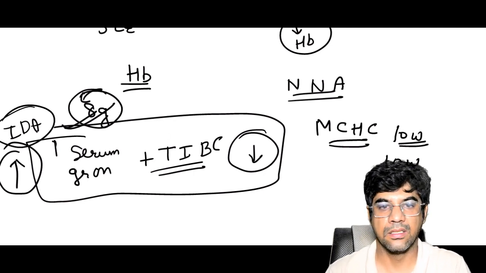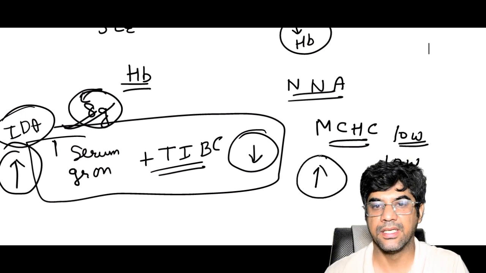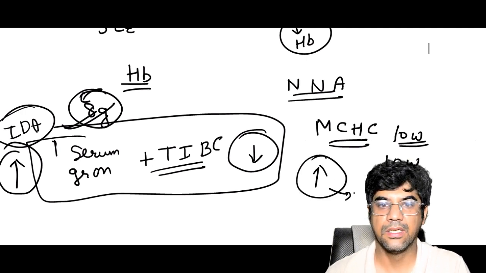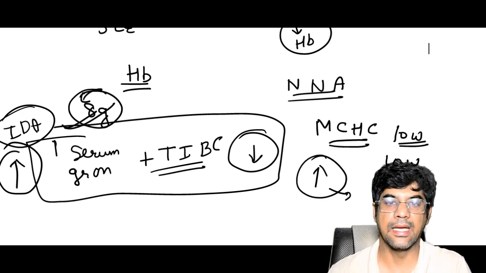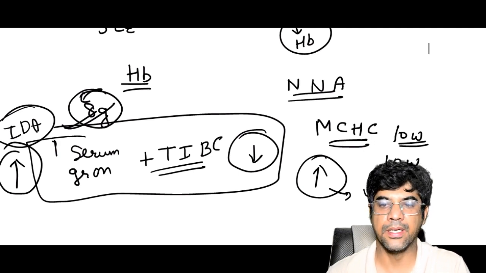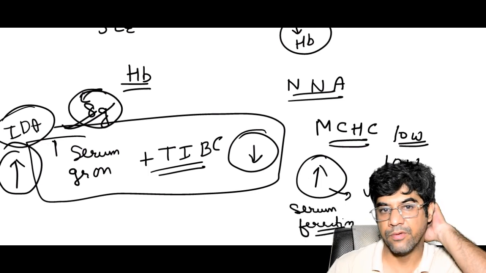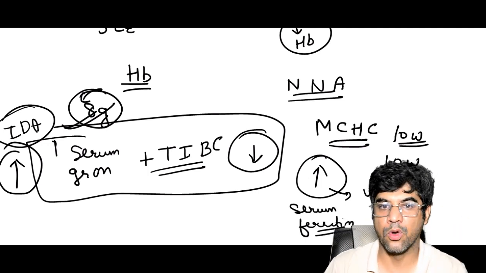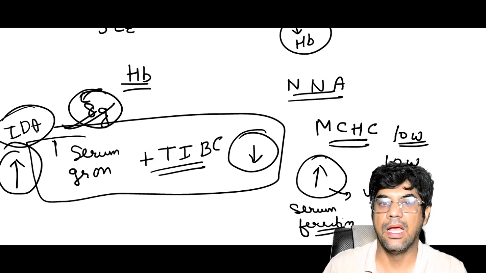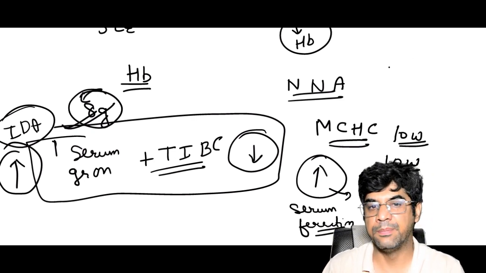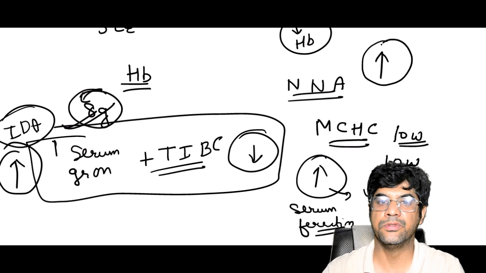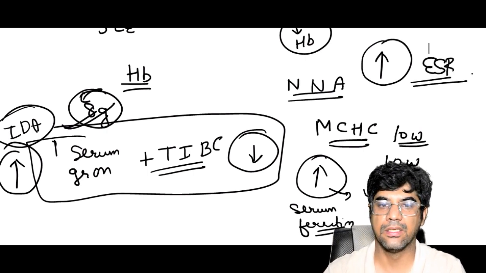The serum ferritin level is increased, which indicates that adequate iron stores are there, but there is impaired utilization. Apart from that, you will see gamma globulins, haptoglobins, alpha 1 antitrypsin. These all contribute to the increase in the ESR.